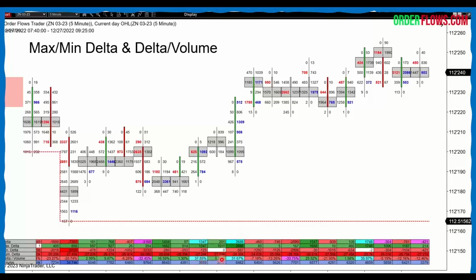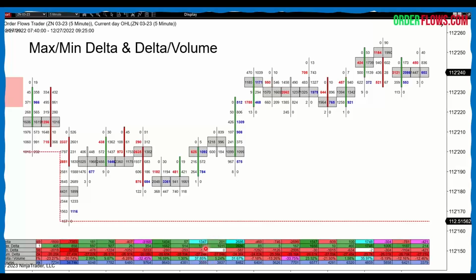And later I'm going to talk about, well, I can talk about it now here, the delta divided by volume. One of the things that we've learned in order flow over the last several years that we've put into the software is when I have not only a strong delta in terms of max-min ratio, but when I have the delta as a certain percentage of the volume, right? When it's over a certain percentage, that's actually also bullish, right?